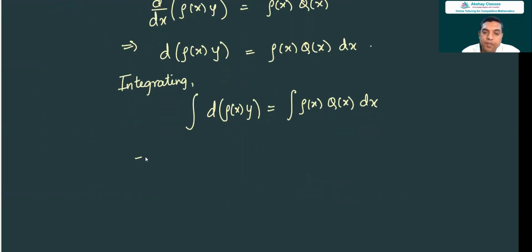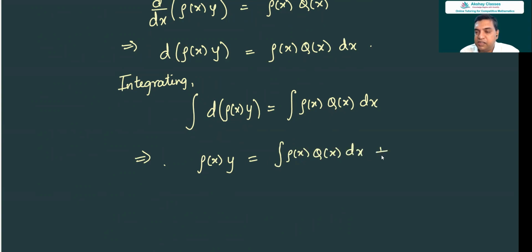Okay, what we get is this. So left hand side we get rho of x into y. 1 times this is the differential. So integration will give you rho of x into y is equal to integral of rho of x into q of x dx, say plus c.